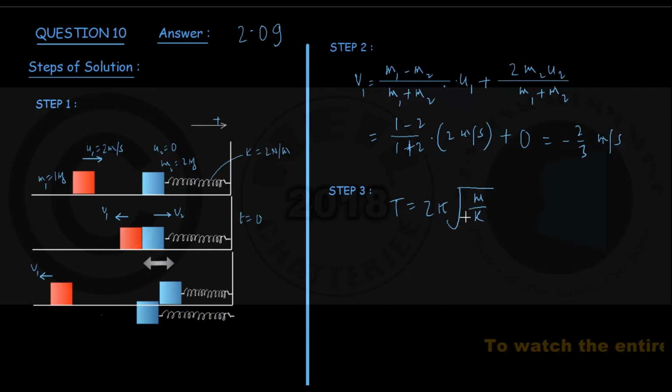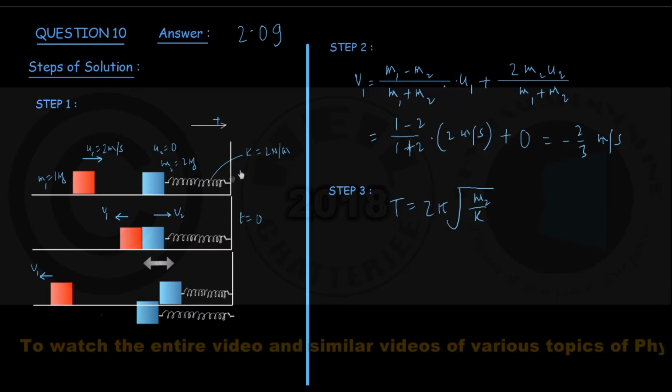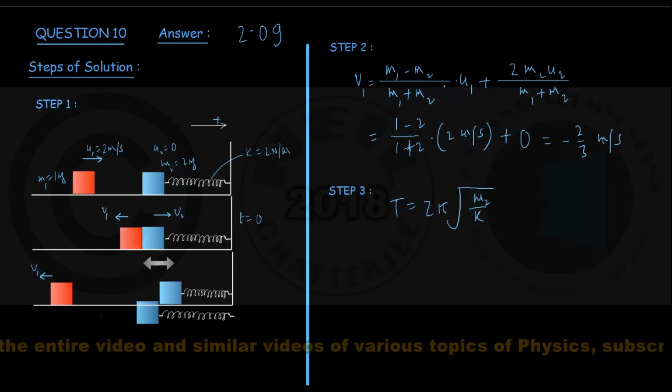And for that, the time period is given by T is equal to 2 pi square root of m by k, isn't it? m being the mass of the block, in this case I've taken it to be m2, and k is the spring constant given in the problem.